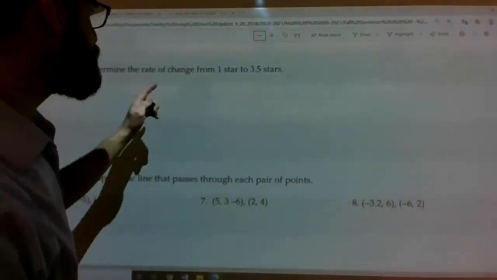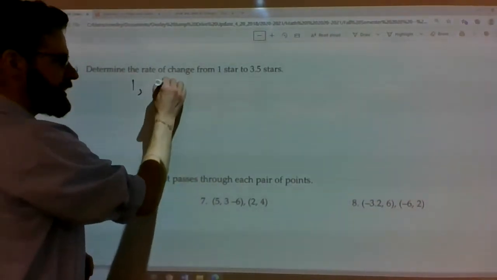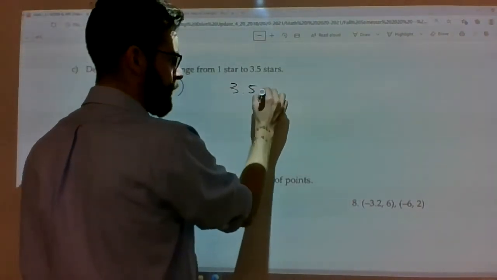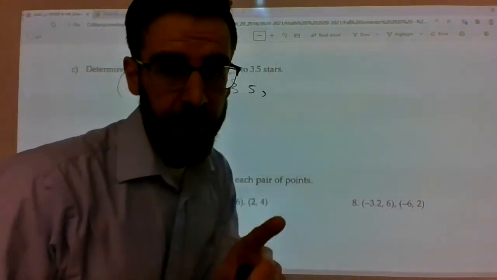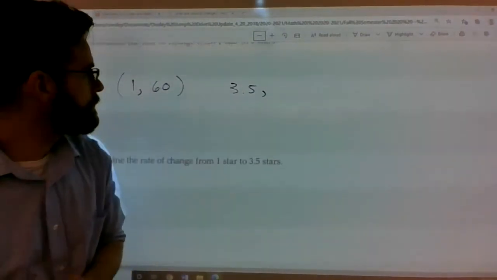So what you're going to do is use the ordered pair. 1 star corresponds to $60. 3.5 stars corresponds to $130. Correct? Yes.